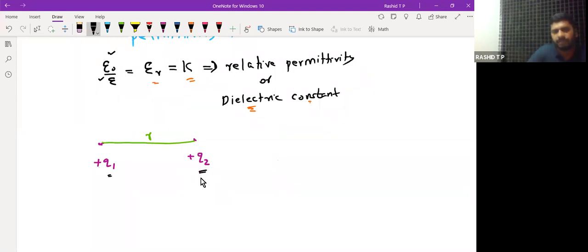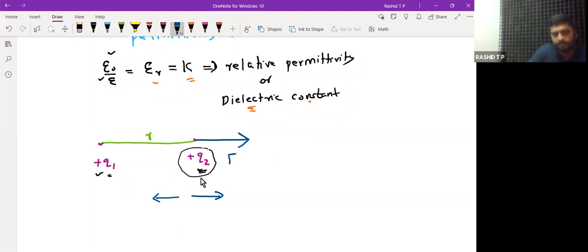Since both charges are positive, I have to use this notation. That is a repulsive force, and this is the direction.